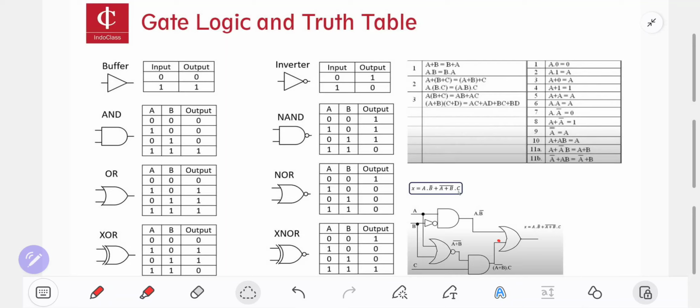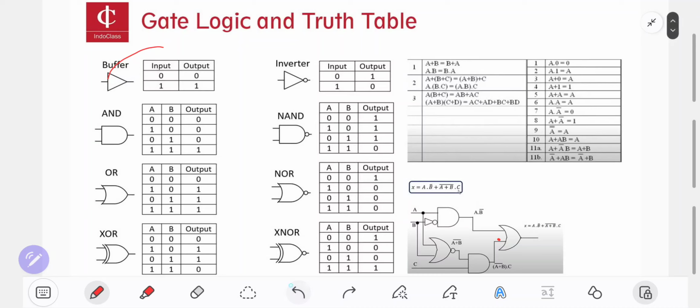Today we are going to learn about gate logic and truth table. On the left side, you can see buffer, AND, OR, XOR, inverter, NAND, NOR, XNOR.